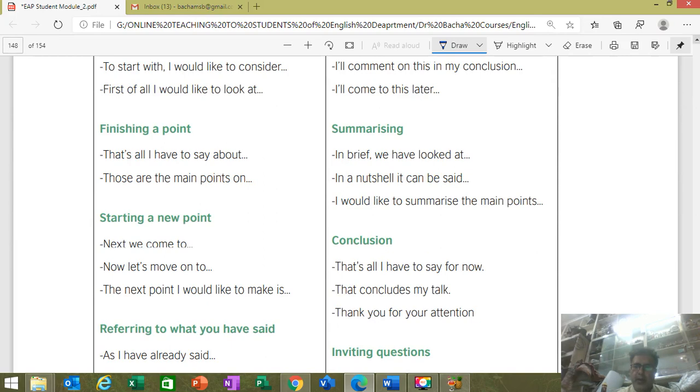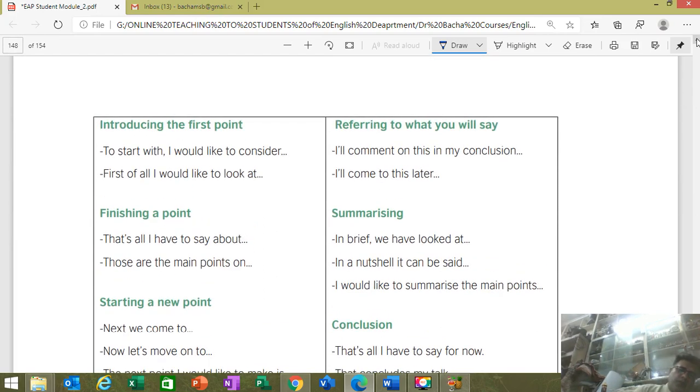For example, when you want to start introducing the first point, you can say: to start with, I would like to consider; first of all, I would like to look at. These are the introductory sentences which will help you. For finishing a point, you can say: that's all I have to say about, those are the main points.